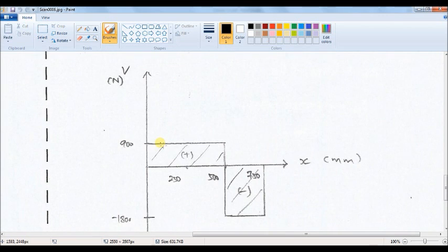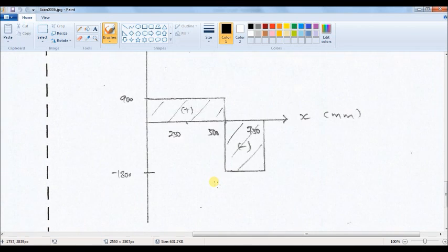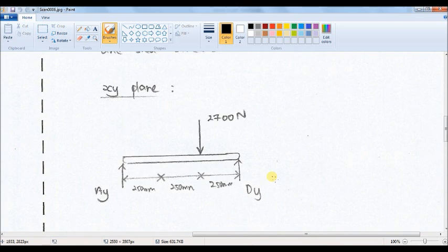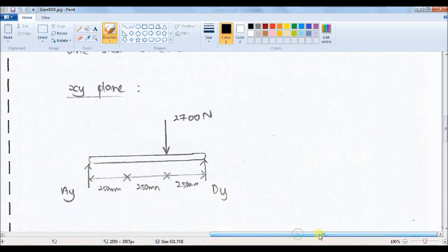In the next step, we have to draw the shear diagram, the diagram of shear force for this plane XY.